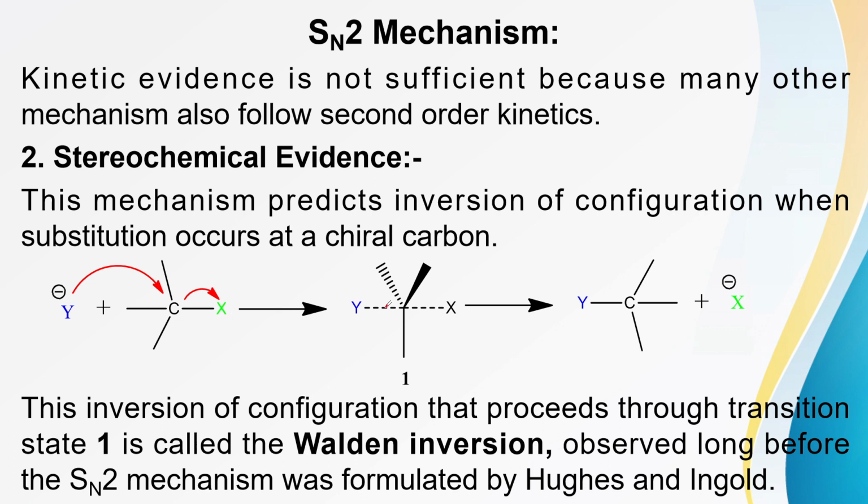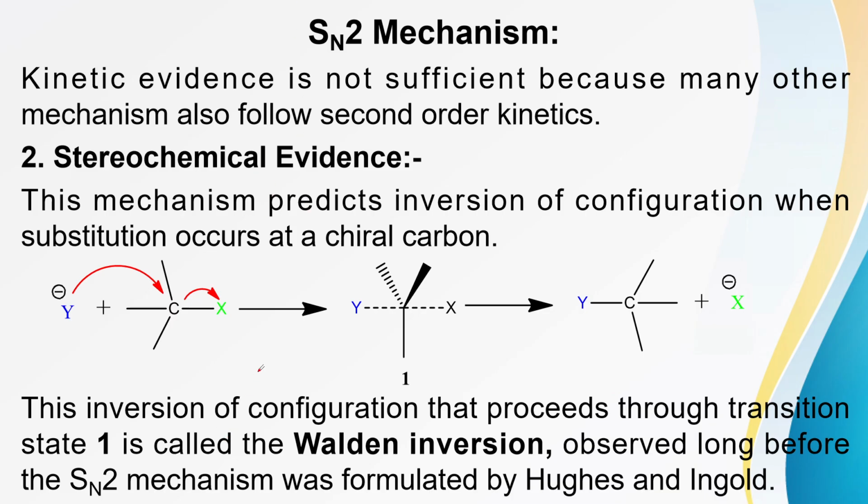We get a linear transition state where we have partial bond formation of Y with carbon and partial bond breakage between carbon and the leaving group X. And when we get the product, we get inversion of configuration. The groups which were present on the left side are now present on the right side. So if we get inversion of configuration, it confirms that the mechanism occurring is SN2.